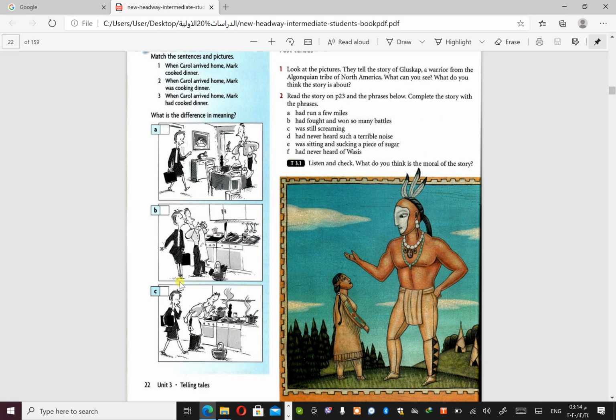So one is a long action, he was cooking, and then the short event or short action, when his wife arrived.